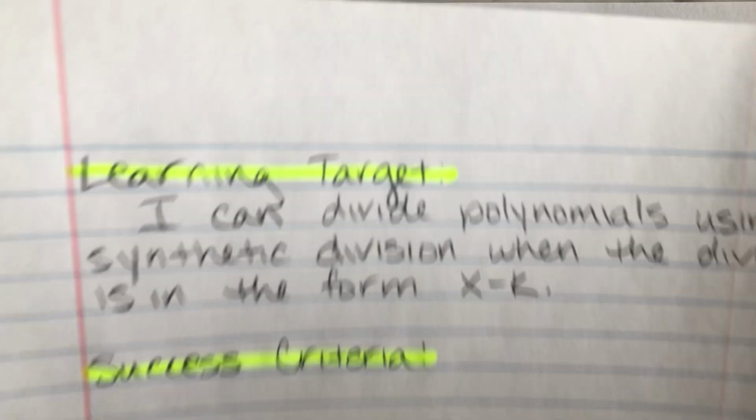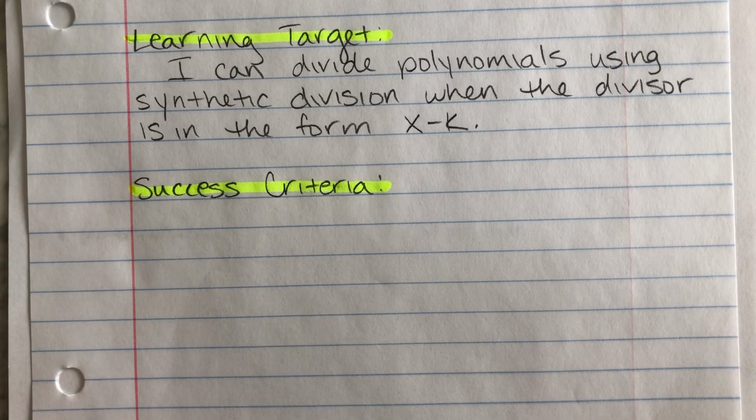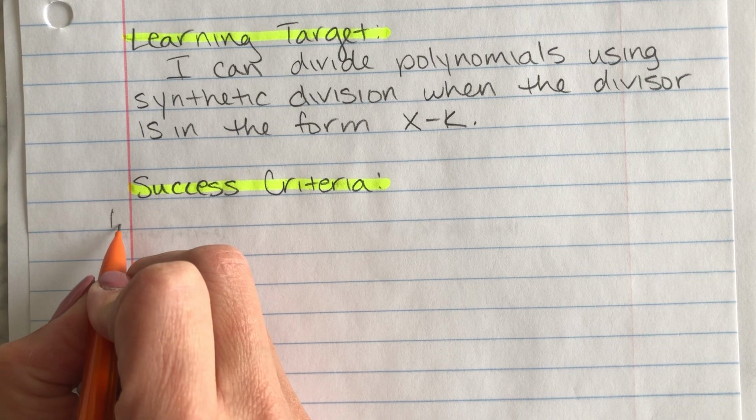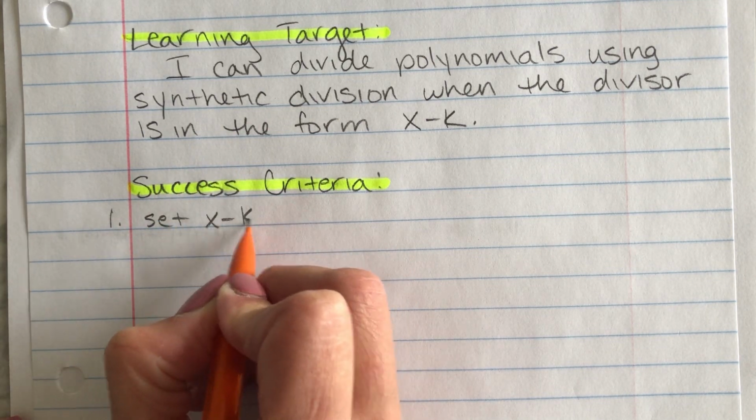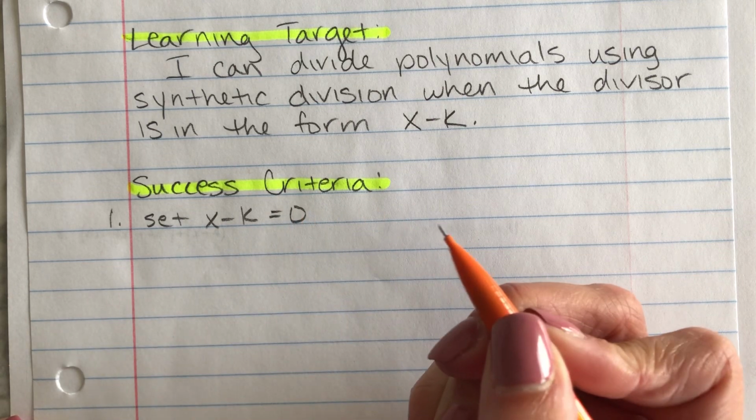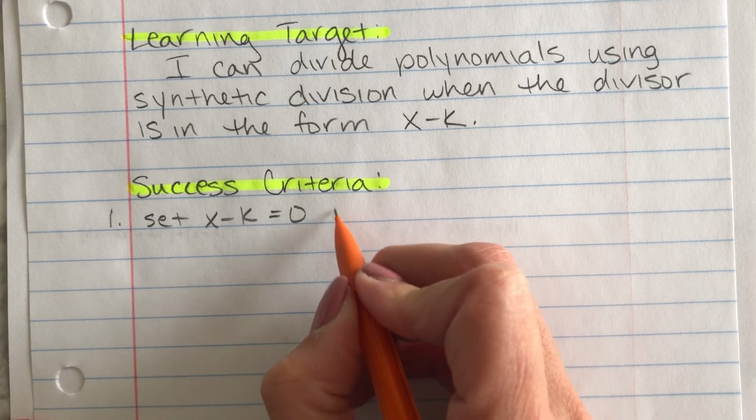All right, so let's write down our steps here. So I can divide polynomials using synthetic division when the divisor is in the form x minus k. So the first thing you want to do is you're going to set your x minus k equal to 0 to find our divisor.